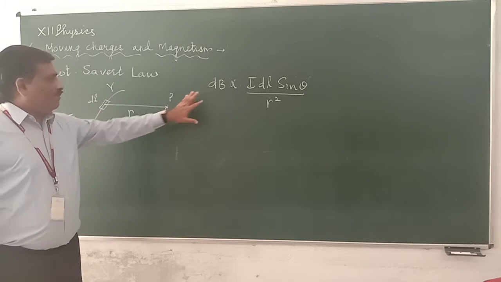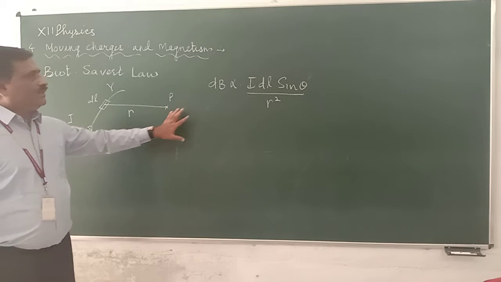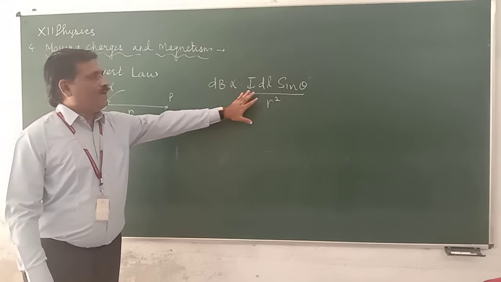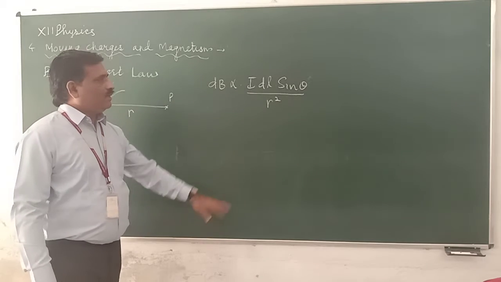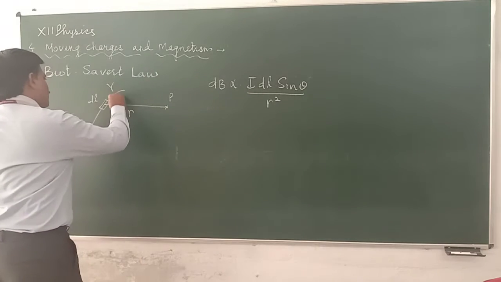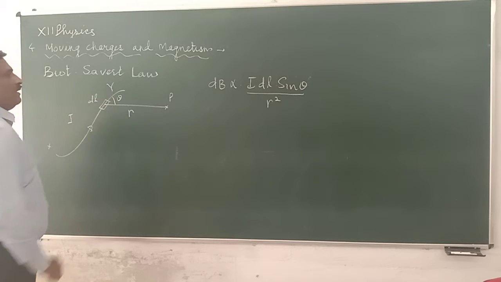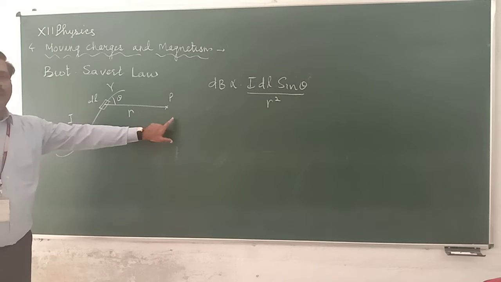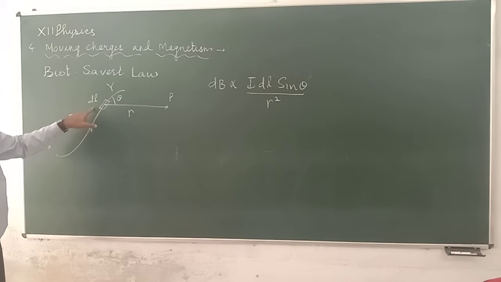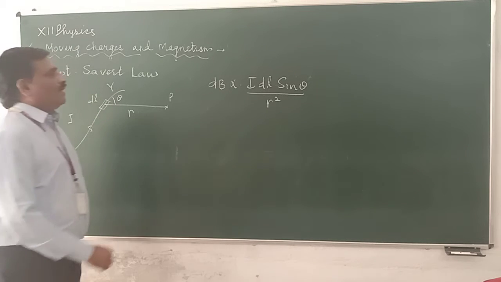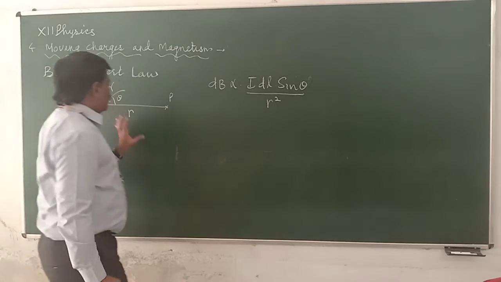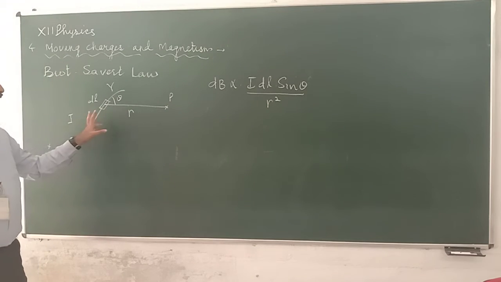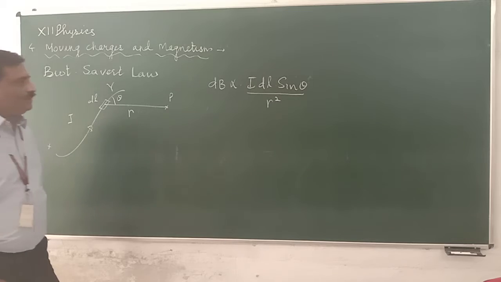Theta is the angle between r, the line joining the point and the center of the element, and the direction of current. And it is inversely proportional to the square of the distance between dl and P.